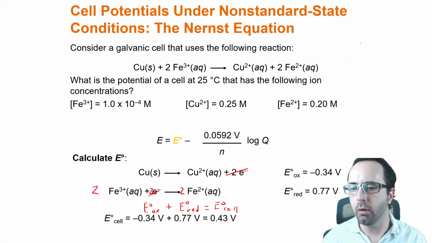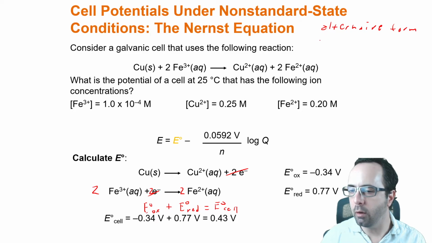But another alternative form, and I don't want to confuse you, but I want you to be aware of this because you may see this elsewhere and be confused. We'll say E standard cell equals E standard cathode minus E standard anode.